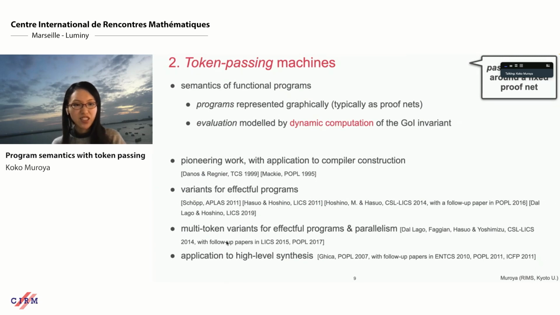Some variants use not just one but multiple tokens to model certain effects and also parallelism. There is also an application of token passing machines to high-level synthesis, where you directly compile a functional program into hardware design.